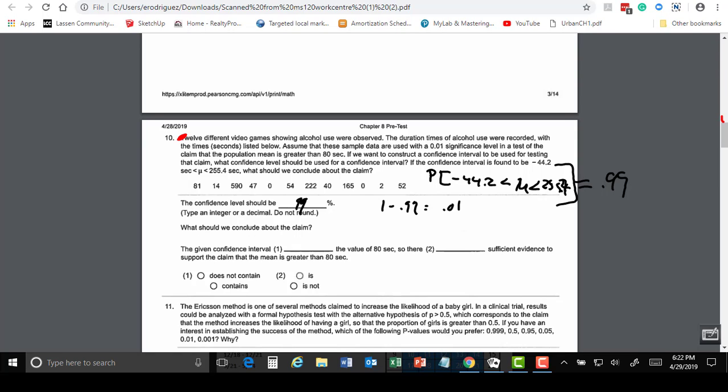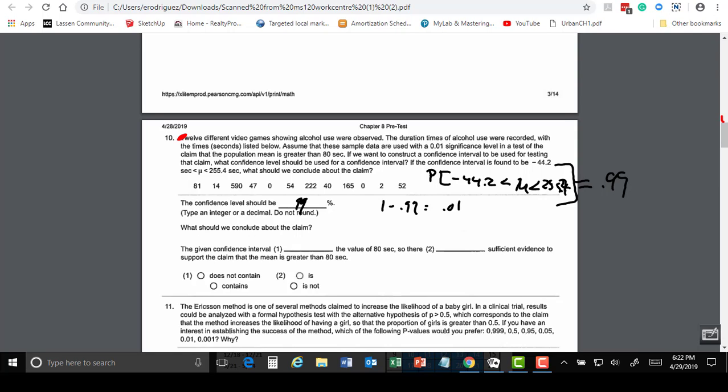So what can we say about that? So we came up with, let's see, so here's the mean of, is it greater than 80 seconds? Well, it's certainly in there, right, in the range. So what should we conclude about the claim?